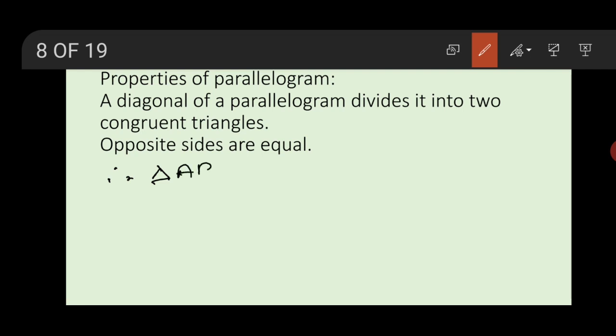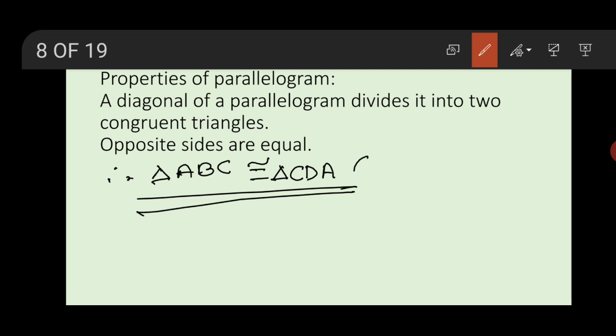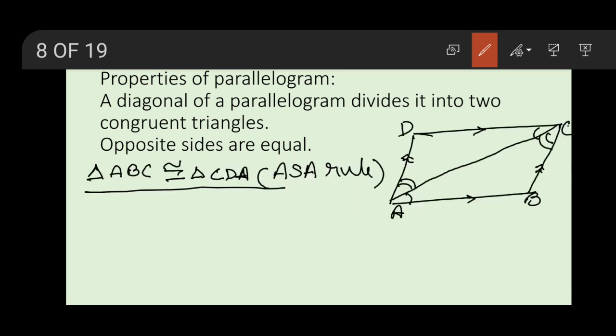Triangle ABC is congruent to triangle CDA. Reason: angle, side, angle congruency rule.